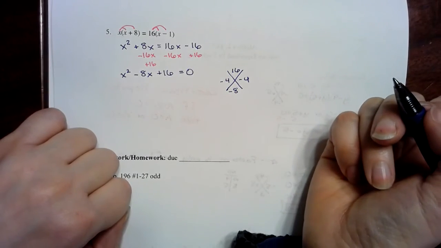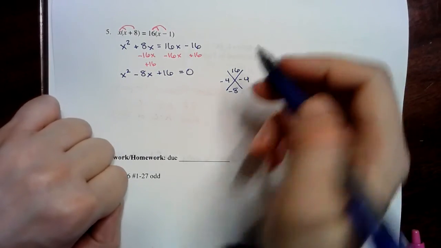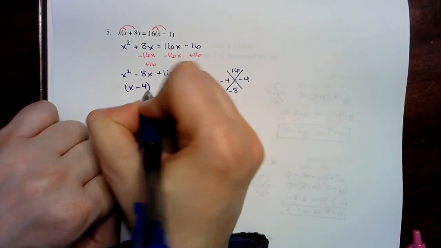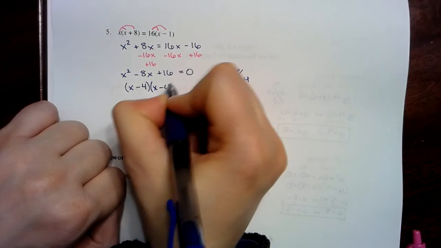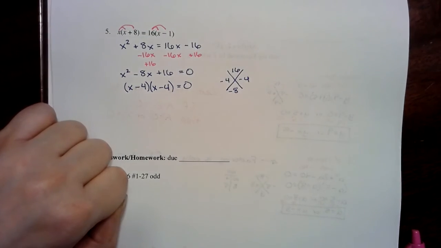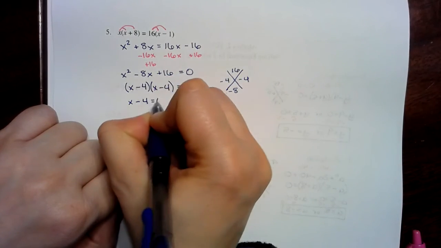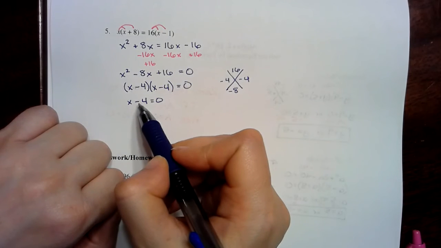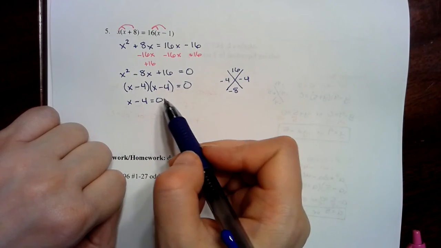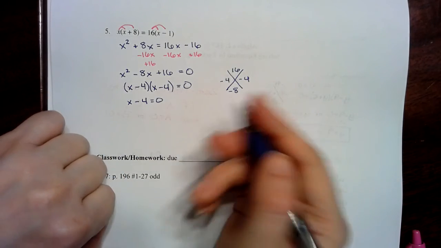I find that negative 4 and negative 4 will multiply up to my 16 and add up to my negative 8. So I'll get x minus 4 times x minus 4 equals 0. So either x minus 4 equals 0 or x minus 4 equals 0. So I'm getting two copies of the same answer.